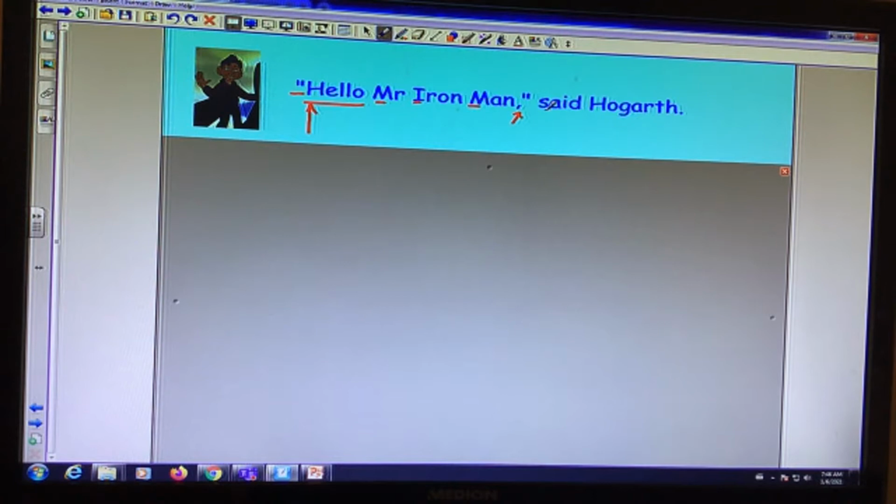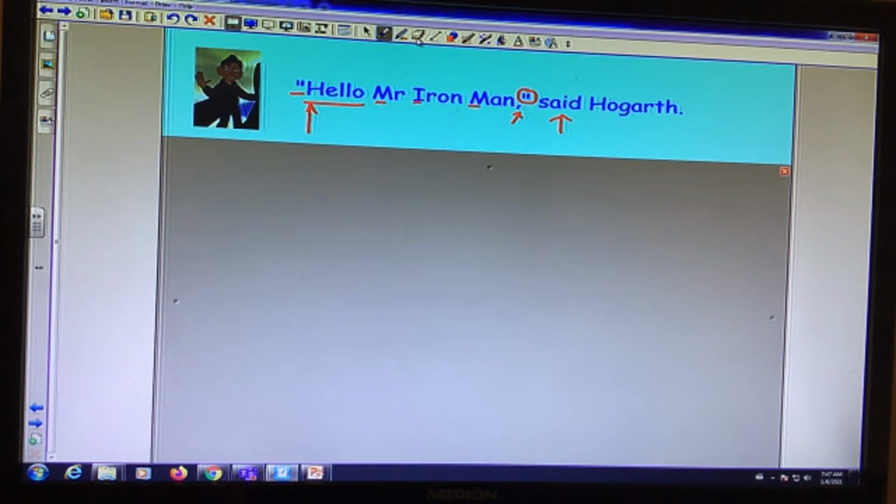It could be a comma, it could be a full stop, it could be an exclamation mark, it could be a question mark. It all depends on what is being said, but also where in the sentence your dialogue is taking place. We've finished our speech off with the 99, and then we tell the character who's spoken. Hello, Mr. Iron Man, said Hogarth. It might be shouted Hogarth or whispered Hogarth.